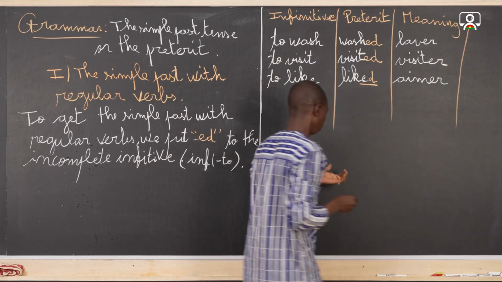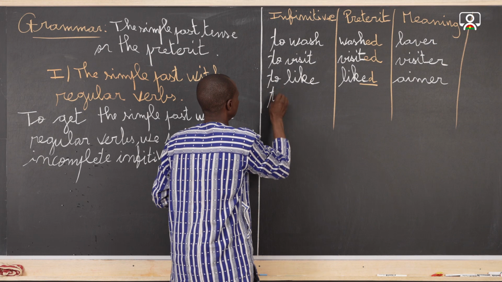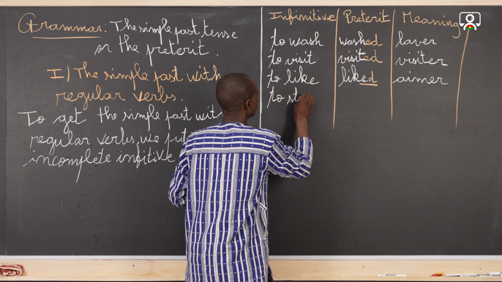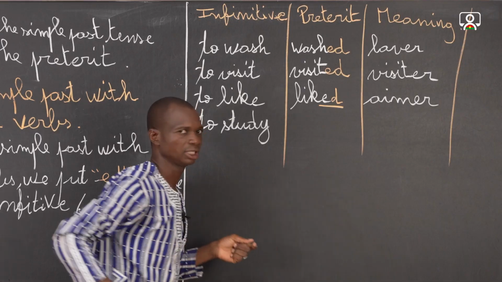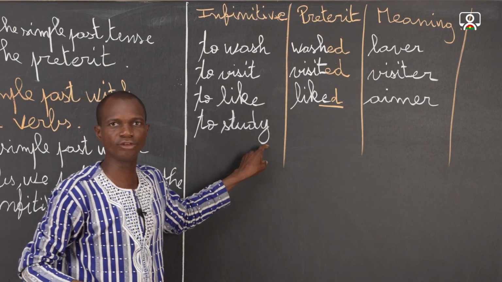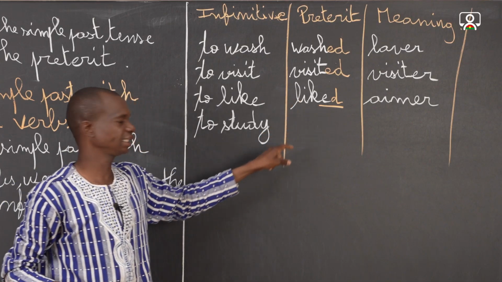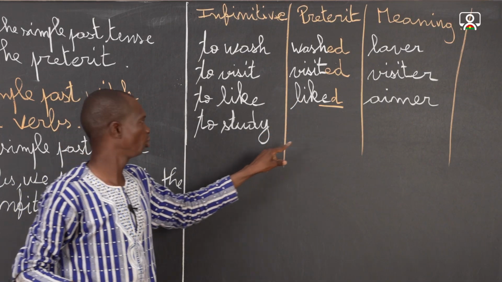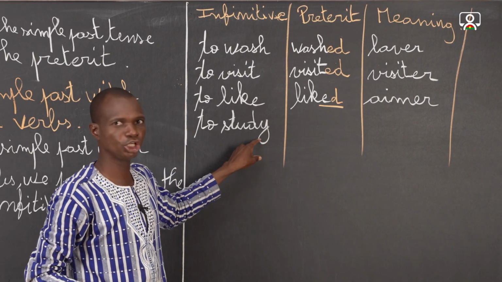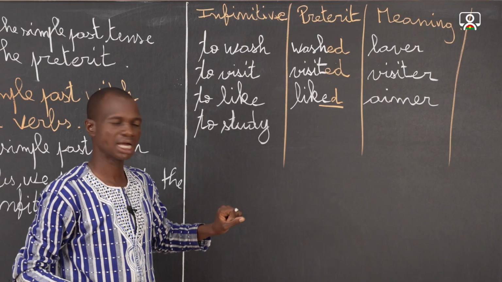And after that, we have to study. To study is also another regular verb. Here we have y at the end of this regular verb. Then how to get the preterit of these verbs? Normally, we change the y into i before we add ed.